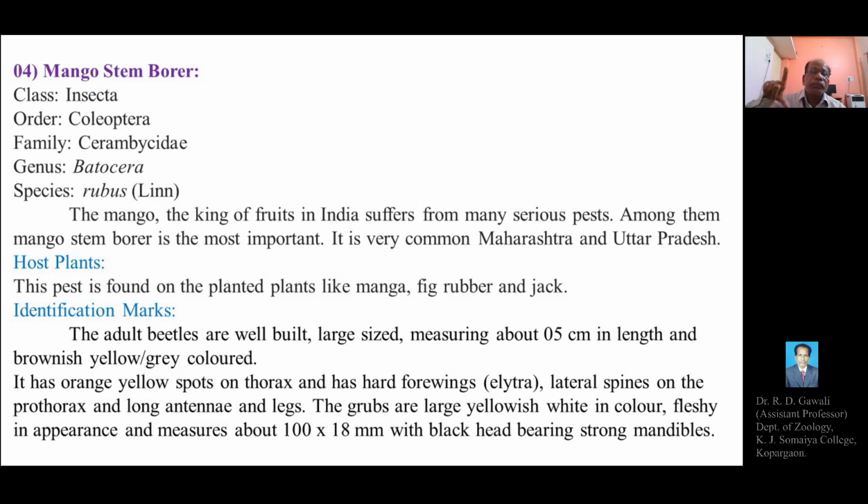The grub has a dark brown or black head, bearing strong mandibles as mouth parts.